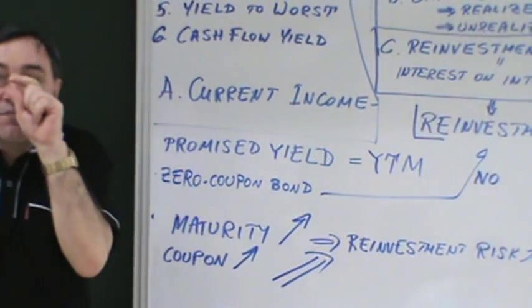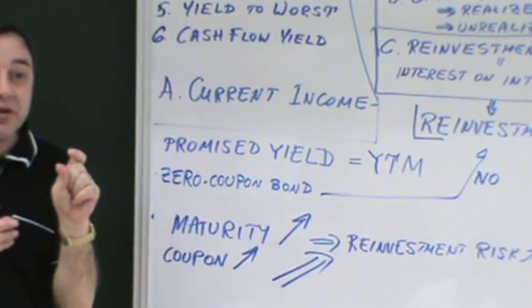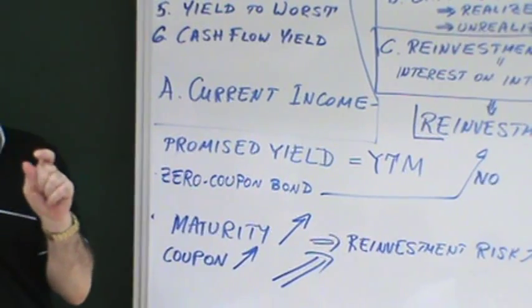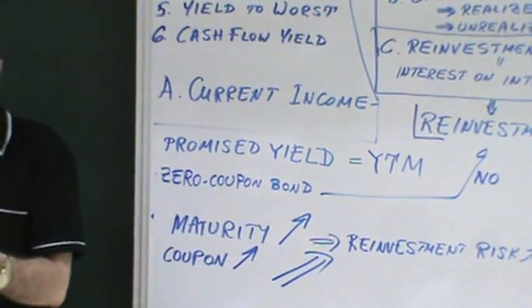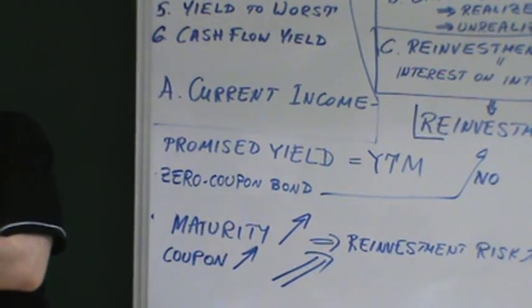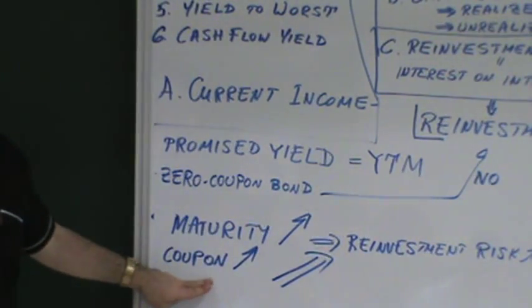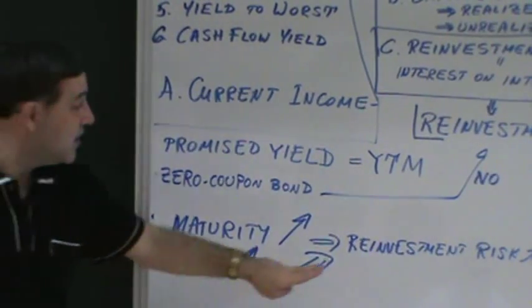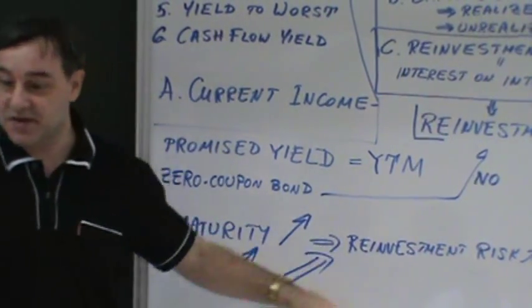If the coupon is small, you get a small amount. When you reinvest, the risk is small. If the coupon is twice bigger, your reinvestment risk is basically twice bigger. So the higher the coupon payment, the higher the reinvestment risk.